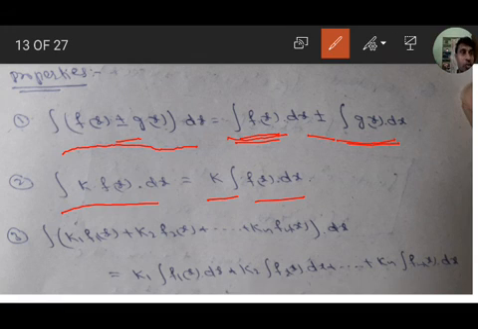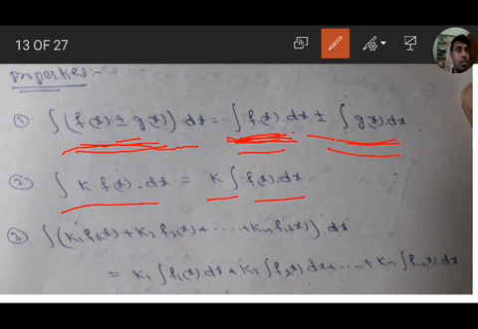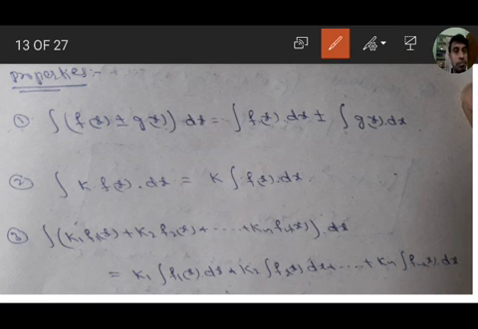There also, for the sum of two functions we get the derivative of the first function plus the derivative of the second function, and the derivative of the first function minus the derivative of the second function. Here also, the integration of a sum of two functions means the integration of the first function plus the integration of the second function, and for a subtraction of two functions, the integration of the first function minus the integration of the second function.